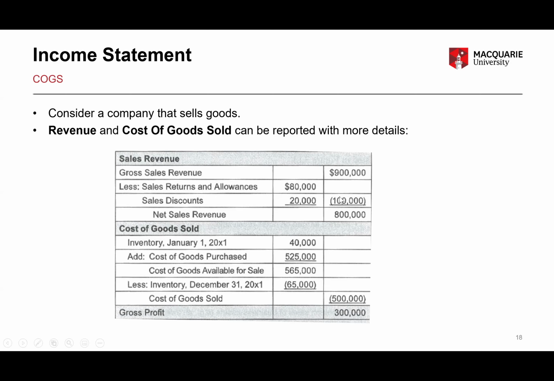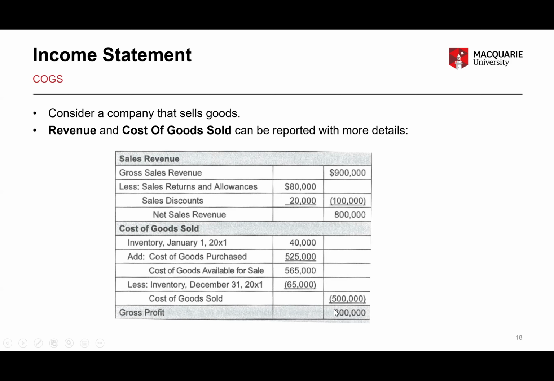So we sold the goods for 800,000. We bought them for 500,000. So the difference is 300,000. That's the profit we've made before any other expenses from our primary activity of buying and selling goods.